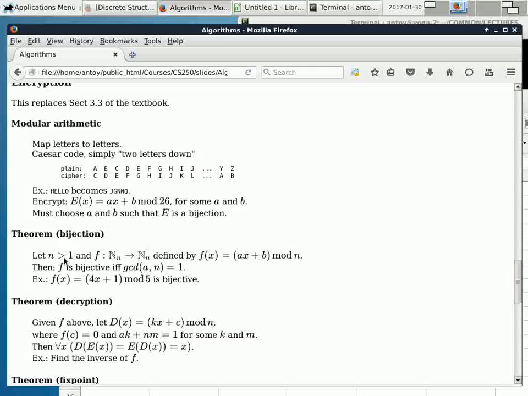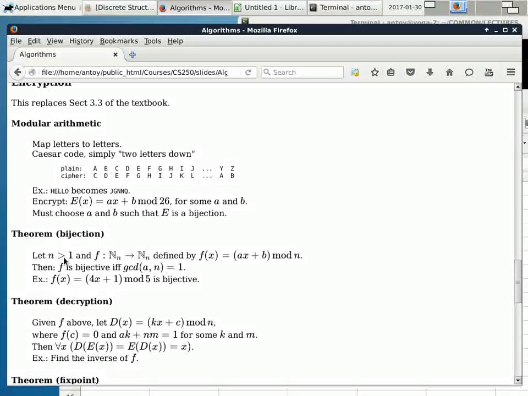Given the F that we use to encrypt, the decryption D is of the same form, Kx plus C mod N. And how do I find this K and this C? Well, AK plus NM has to be equal to 1 for some K and M. M I toss because I don't care, but K is the one that I plug here. And how do I find C? C is the one that when I encrypt, I get 0.